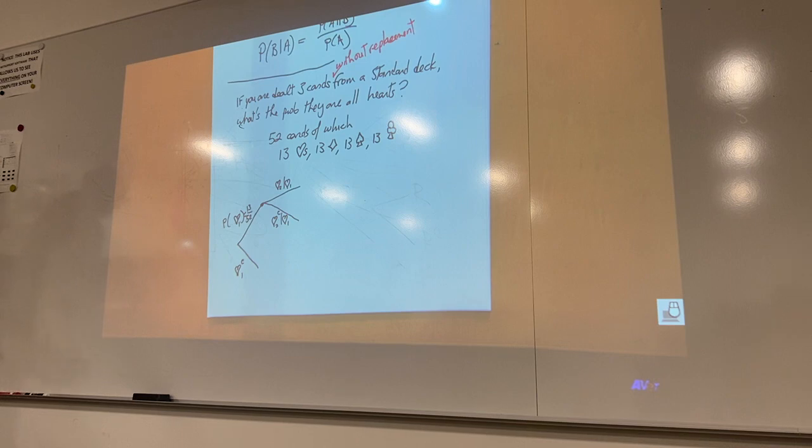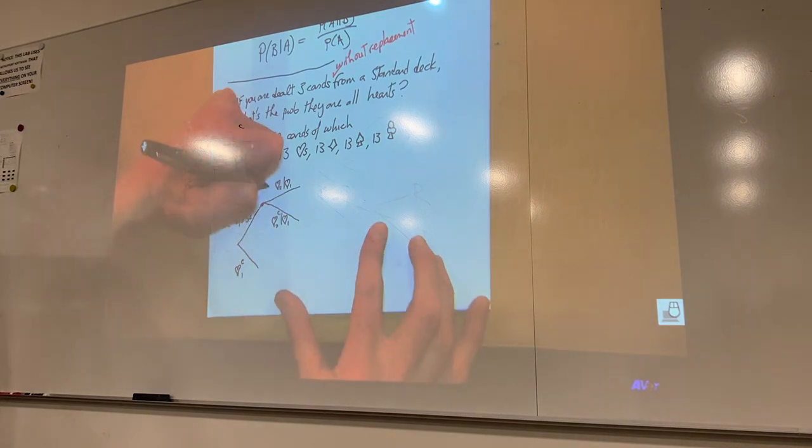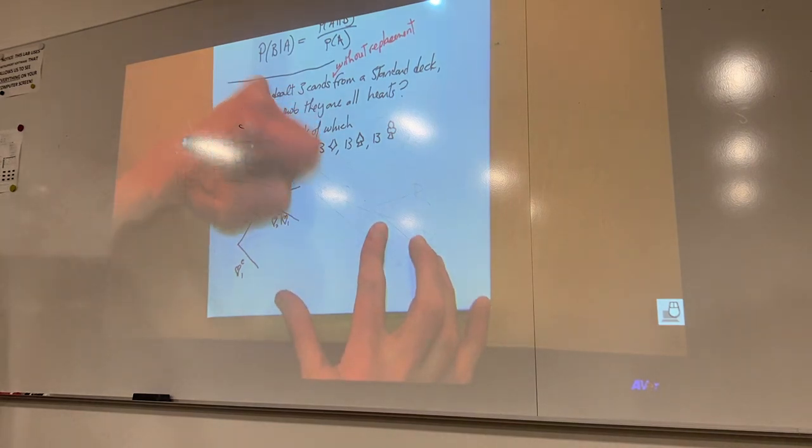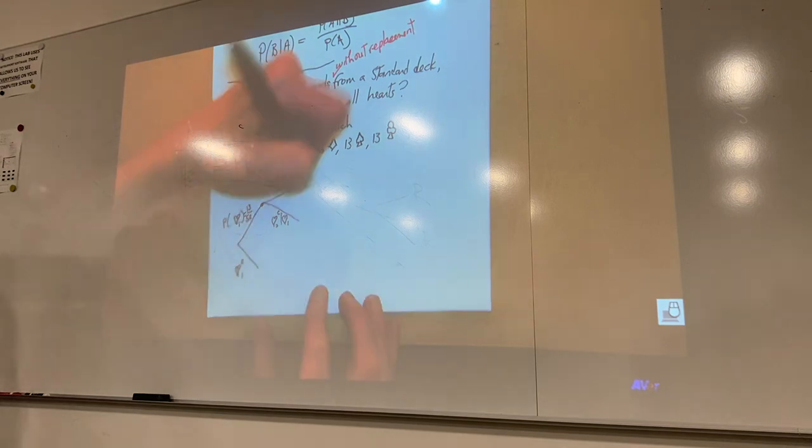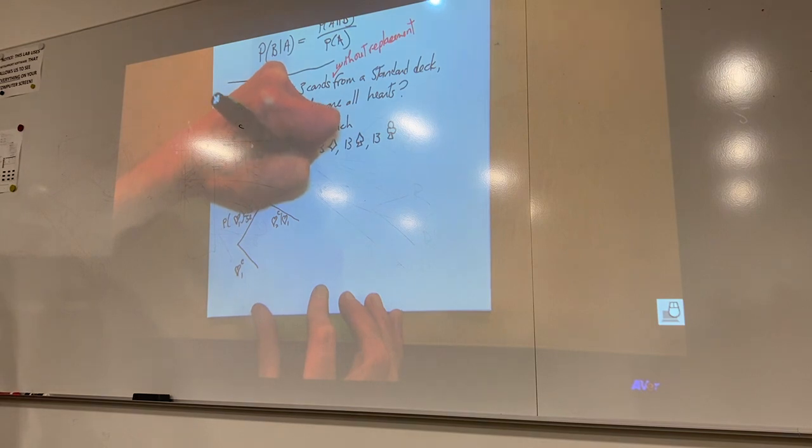We can fill out at least the top branch. What is the conditional probability that the second card is a heart, given you have a heart? 12 out of 51. I agree with that.